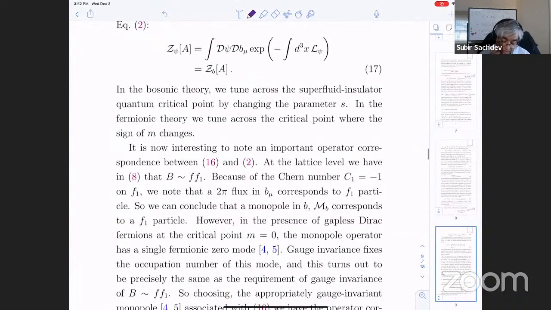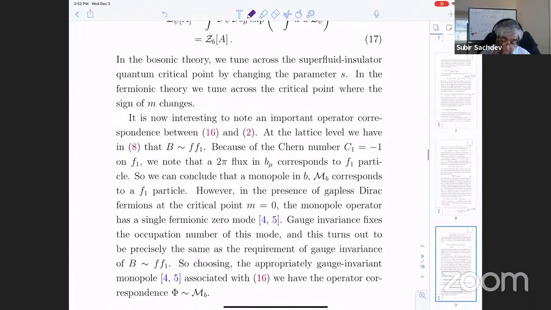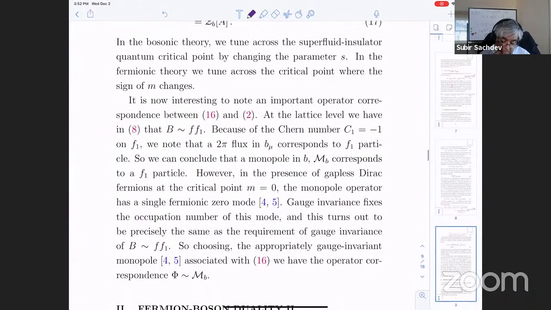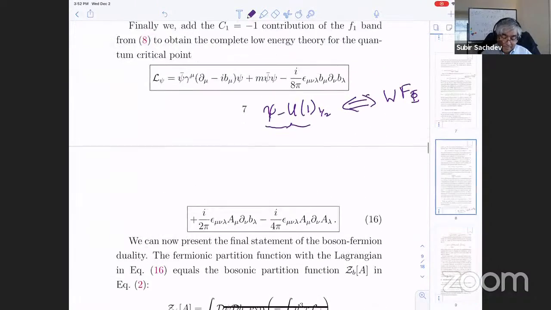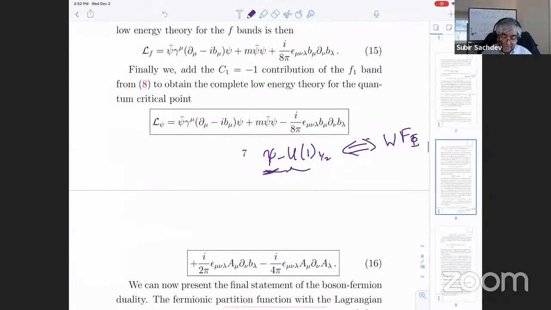There are some subtleties with fermion zero modes that you have to take into account, but it turns out that the boson is the monopole operator in this Dirac fermion theory at Chern-Simons level a half.